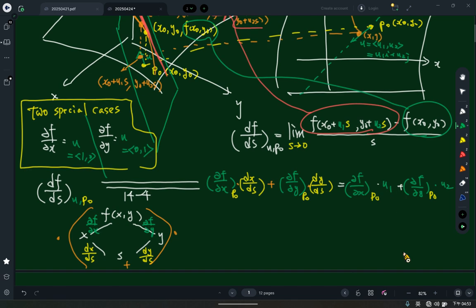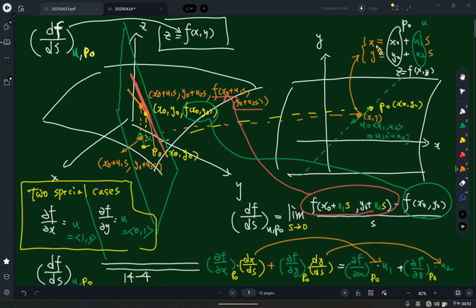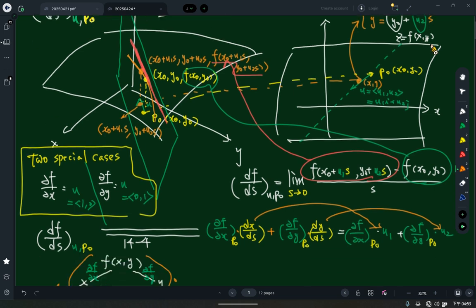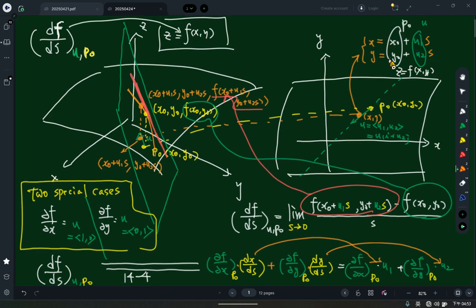Why can we just get this one and this one? Because did you notice that x is equal to x0 plus u1s, and y is equal to y0 plus u2s?